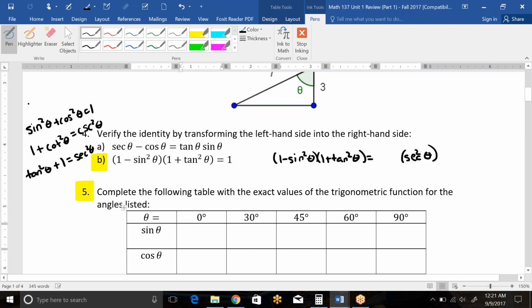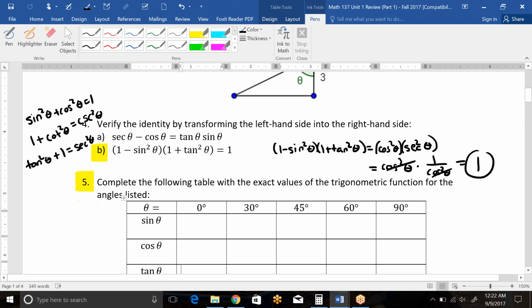The first one is 1 minus sine squared, which means they actually solved this top equation for cosine squared. So that's cosine squared theta. And then secant, remember, is the reciprocal of cosine. So this is cosine squared theta times 1 over cosine squared theta. And since 1 on top and 1 on bottom, they cancel out, which leaves me with just the 1. So we did verify that that identity is true. The left side was then transformed into the right side.